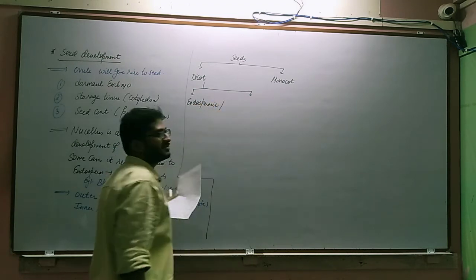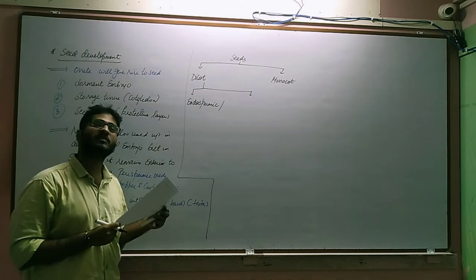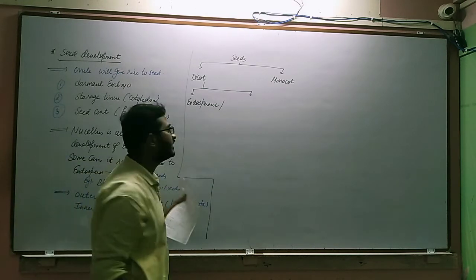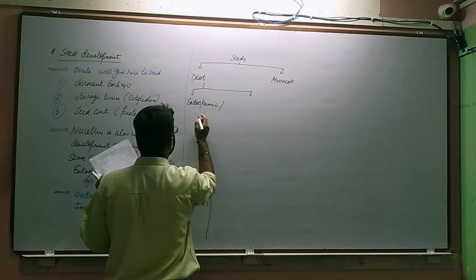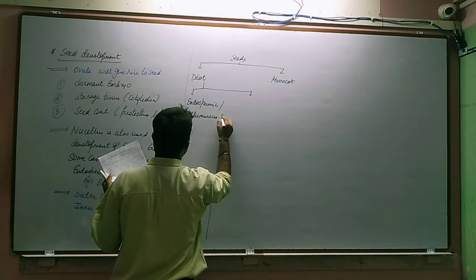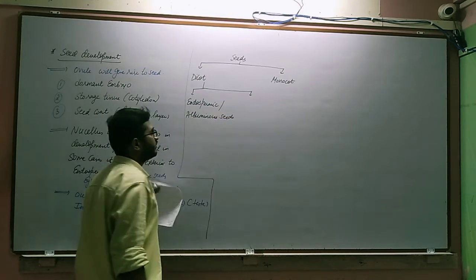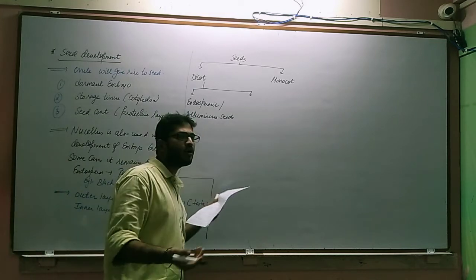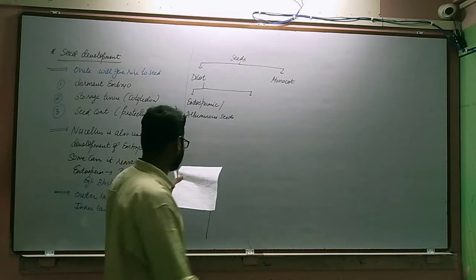Endospermic seeds are also called albuminous seeds. Why albuminous? Because they have endosperm, which is protein-rich nourishment. The next is non-endospermic, or non-albuminous, or ex-albuminous seeds.